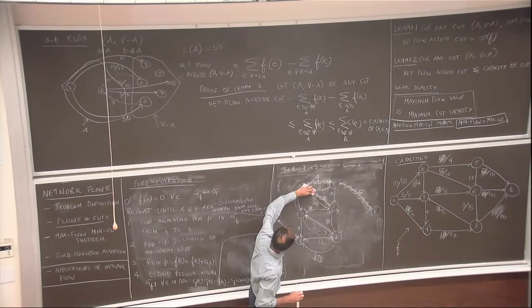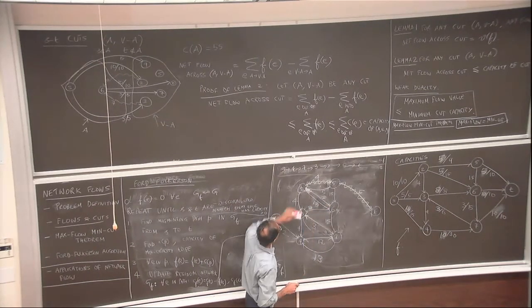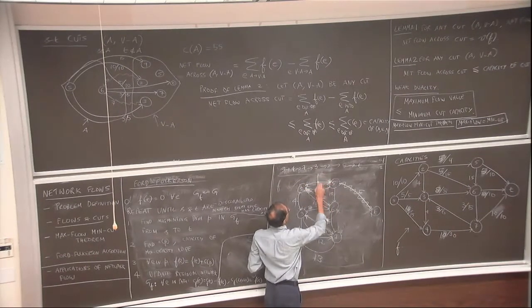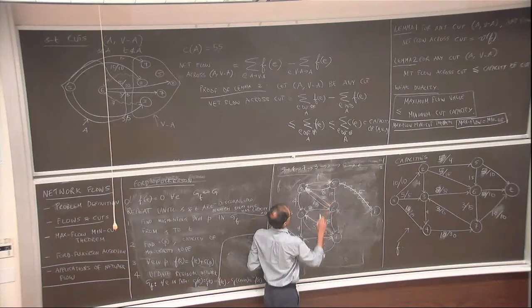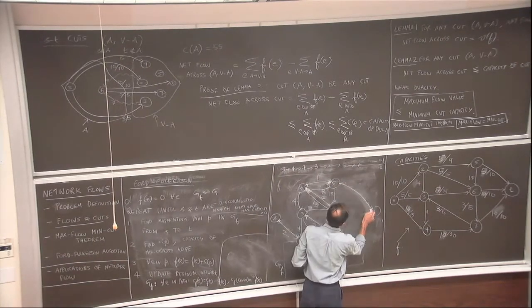This 5 becomes 2, 10 becomes 13. 4 becomes 1, 5 becomes 8. This 5 becomes 2.